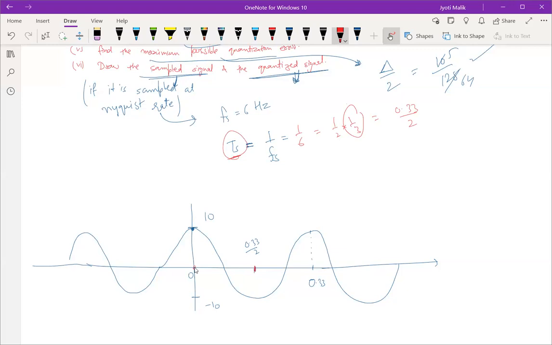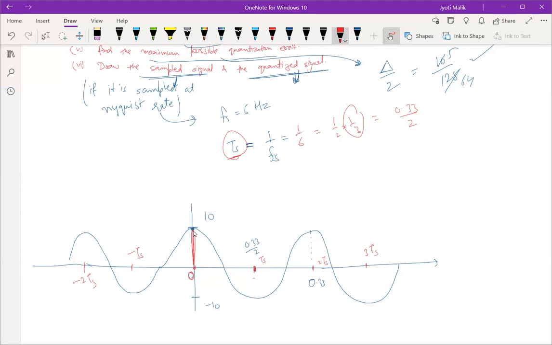The first sample is taken at 0, the second sample at Ts, the third at 2 Ts, the fourth at 3 Ts, and the fifth over here somewhere. Similarly on this side, minus Ts, minus 2 Ts. Just take the samples at those instants.